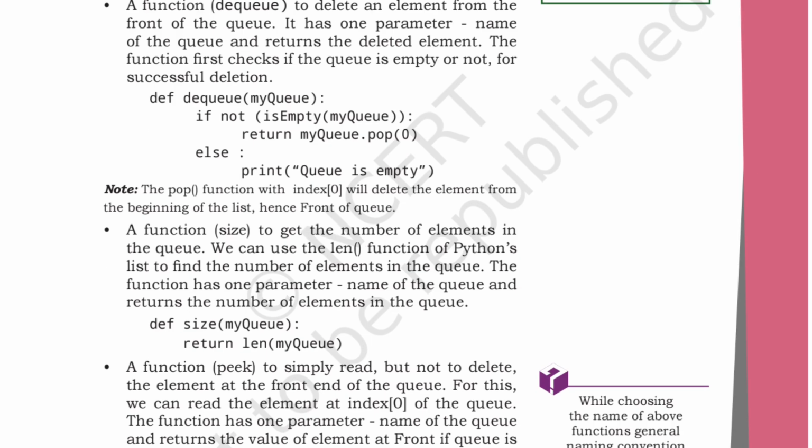Then the function size: to get the number of elements in the queue, we can use the length function of Python's list to find the number of elements in a queue. For that purpose we use def size myQueue, then return length of myQueue.